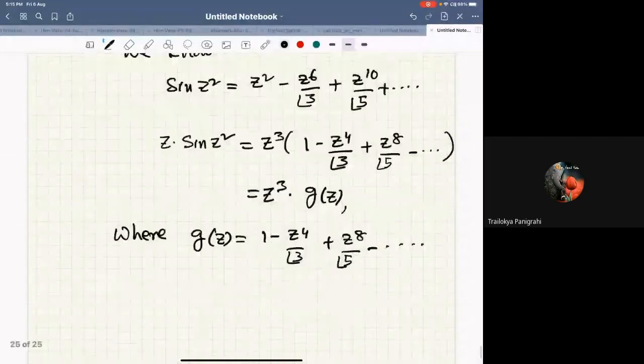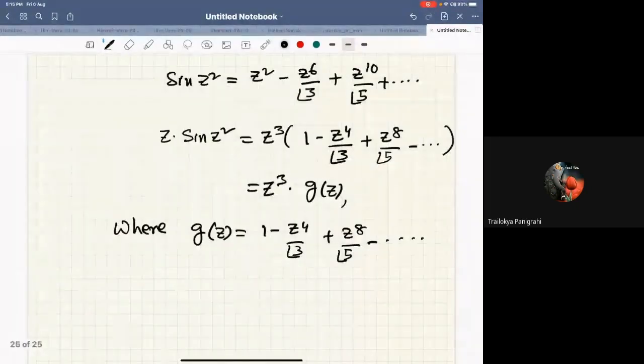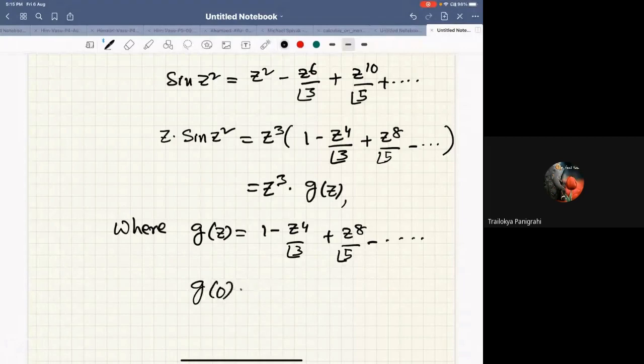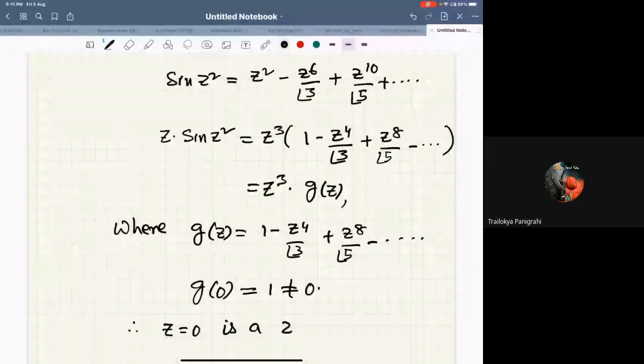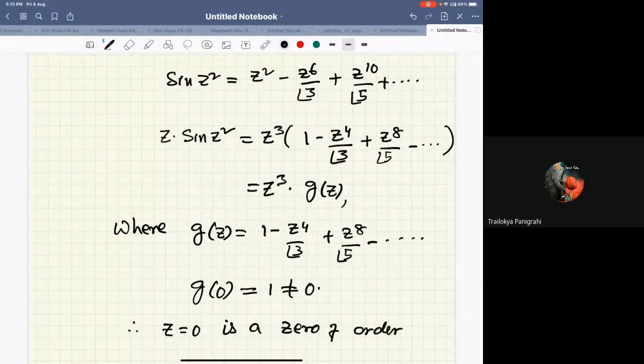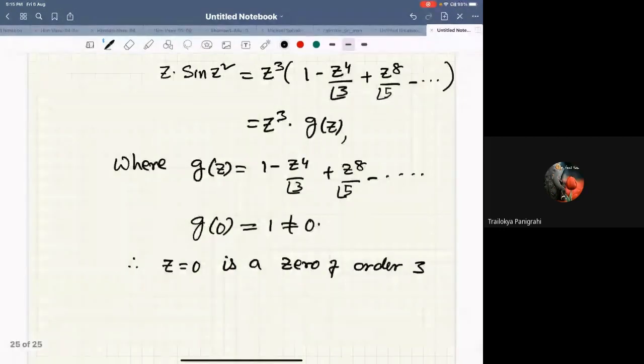Clearly g of 0 equals 1, which is not equal to 0. Therefore, z naught equals 0 is a 0 of order 3 for f of z.